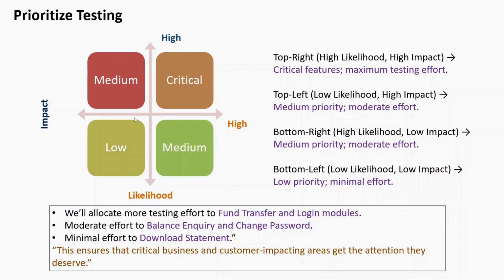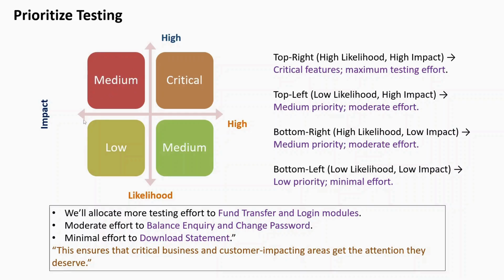If the impact is high and the likelihood is low, that is the second quadrant, where the risk level is medium. So we can put all the medium risk level features into this quadrant.